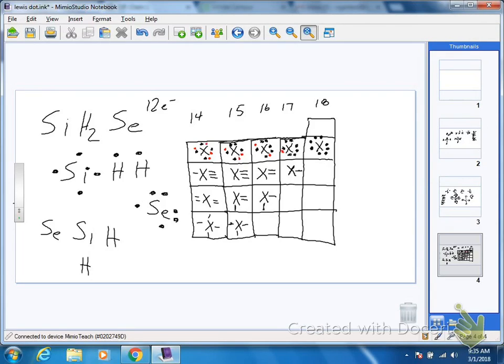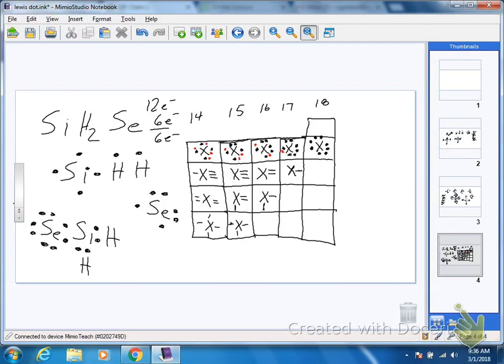The next step says to put your pairs, step 4, and then subtract them out. We've got 6 electrons left over. Where do those electrons need to go first? Around the branched atoms, and that would be Se. So you put them around Se. This is step 5.